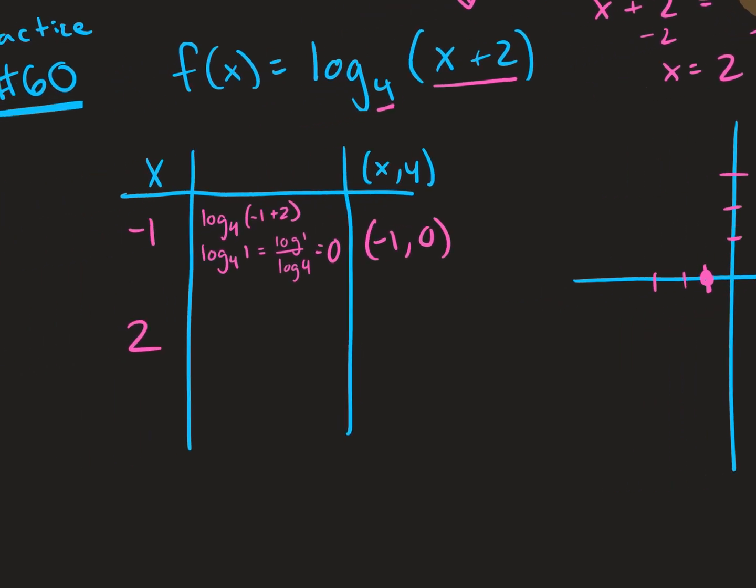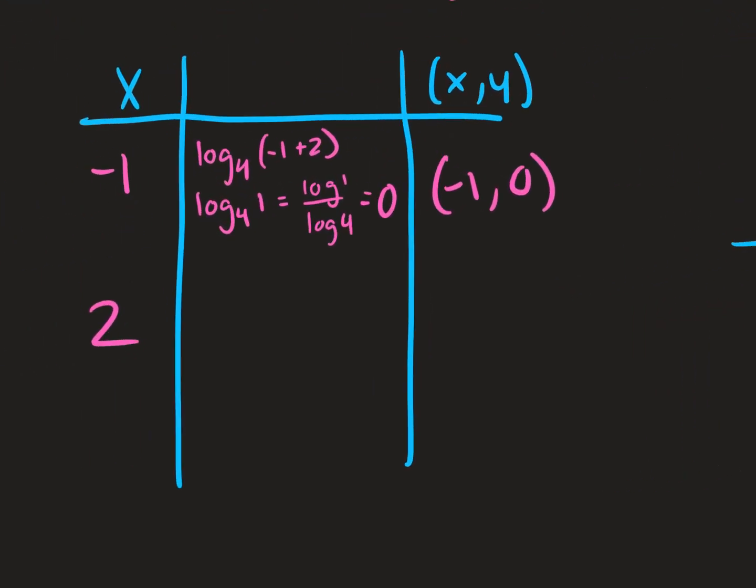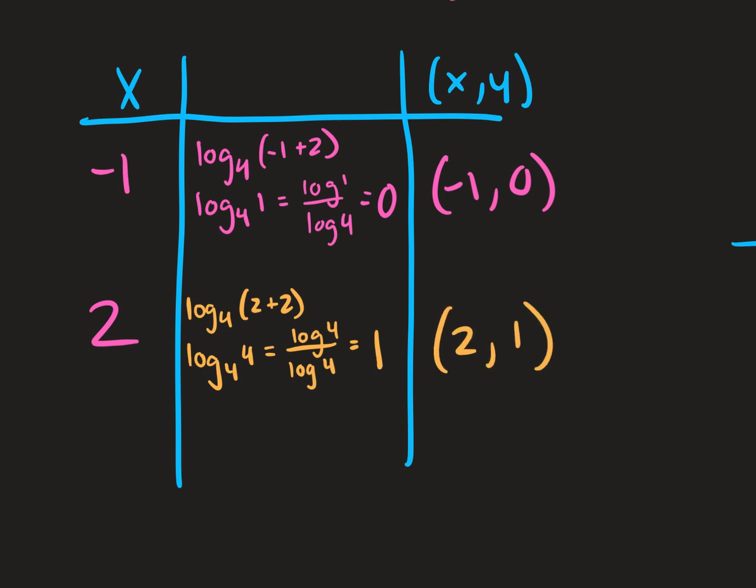Next, we said we wanted to plug in 2. So I have log base 4 of 2 plus 2. So this would be log base 4 of 4, which when we put it into the change of base formula, we get log of 4 divided by log of 4, which would be what? 1. So my next point would be 2 comma 1.